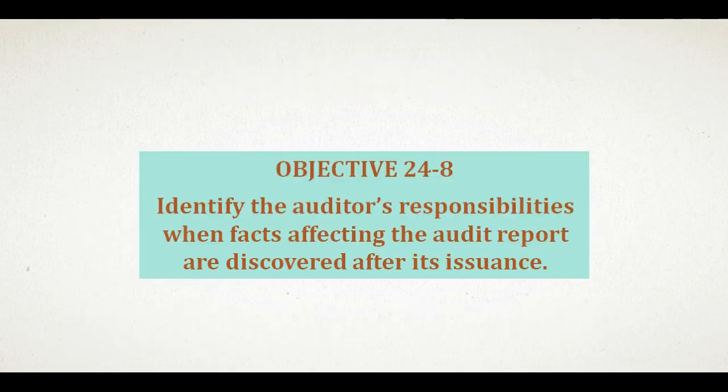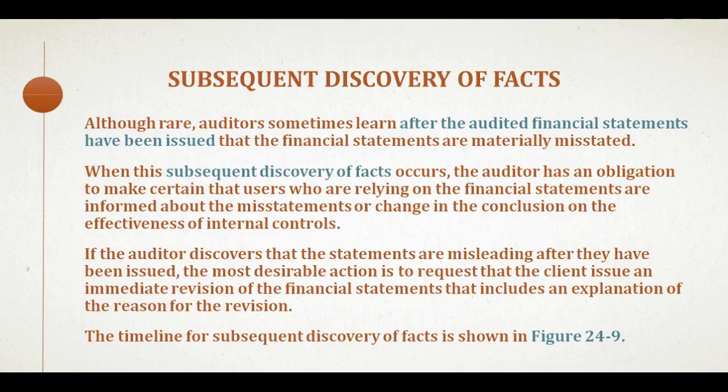Moving on, we will now cover identifying the auditor's responsibilities when facts affecting the audit report are discovered after its issuance. Although it is rare, auditors sometimes learn after the audited financial statements have been issued that the financial statements are materially misstated. When this subsequent discovery of facts occurs, the auditor has an obligation to make certain that users who are relying on the financial statements are informed about the misstatements or the change in the conclusion of the effectiveness of internal controls.